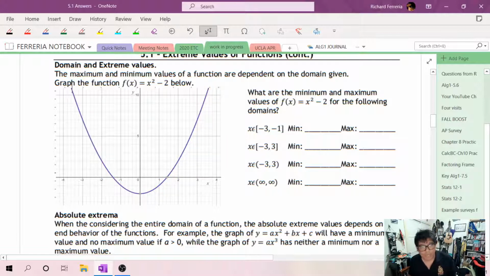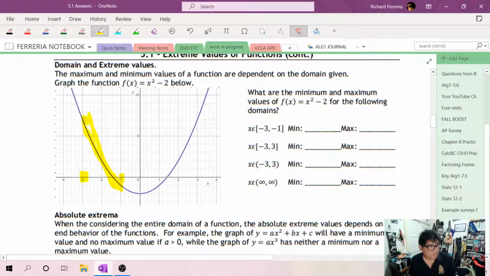The first domain is negative 3 to 1. Domain is the x-coordinate, so here's x equals negative 3, and here's x equals 1. We're talking exclusively about this little bit of the curve right here.